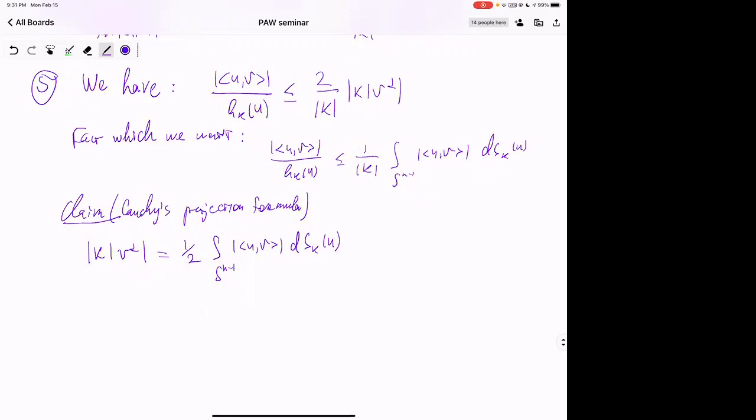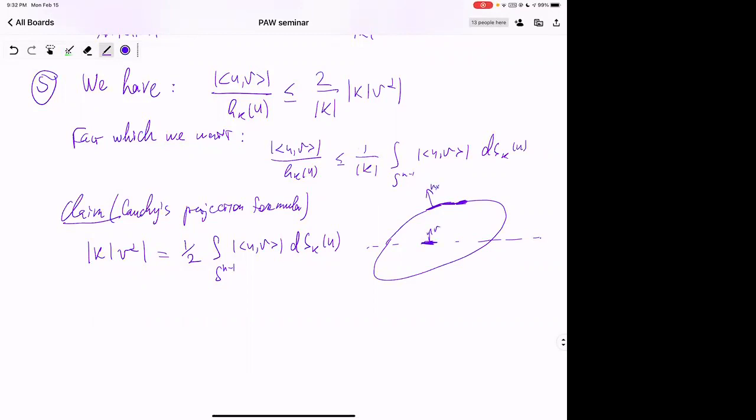There's a couple of pictures you can draw here. Let me draw one of them. So here is our K. Imagine that we draw the boundary as a bunch of little flat pieces. Now, when I project my K onto a hyperplane, I already told you that what happens with flat pieces is that I multiply them by scalar products.